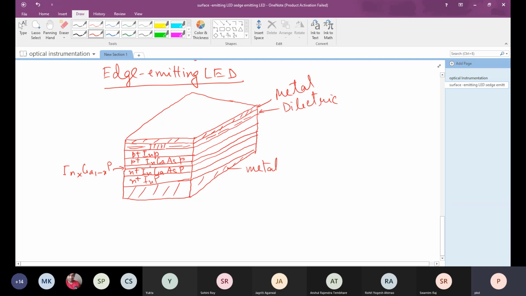So this is the point from where the emission takes place, from the active layer.